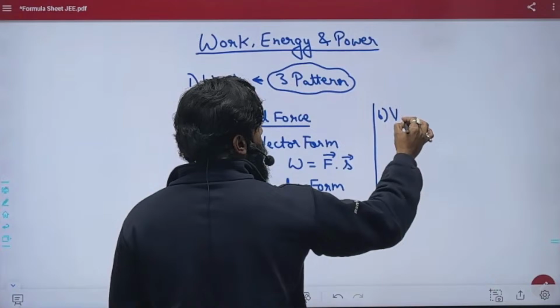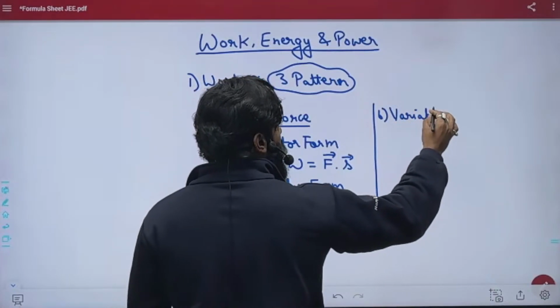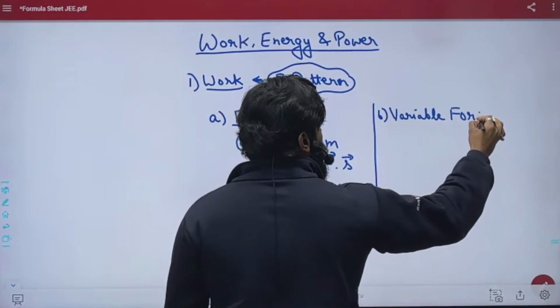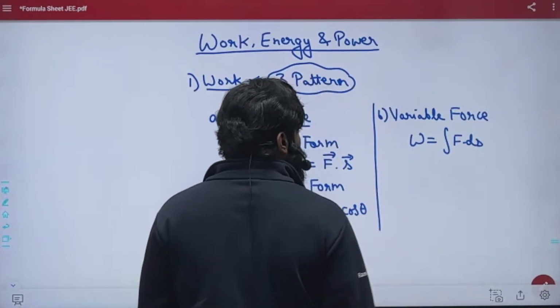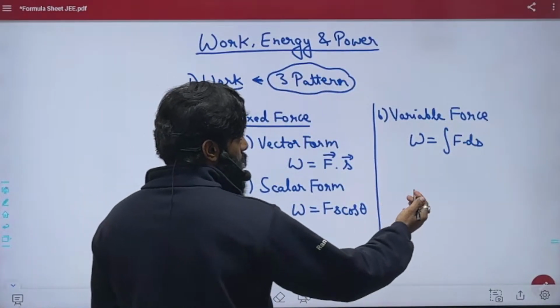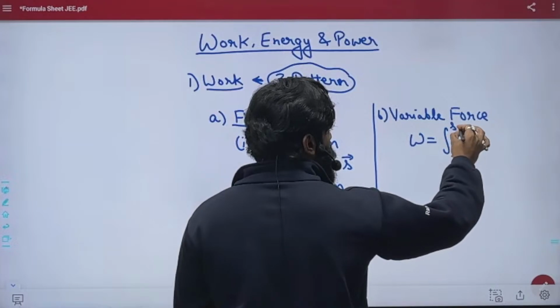In case of variable force, work is equal to the integral of F dot ds. Right? You can put the limits as S1 and S2.